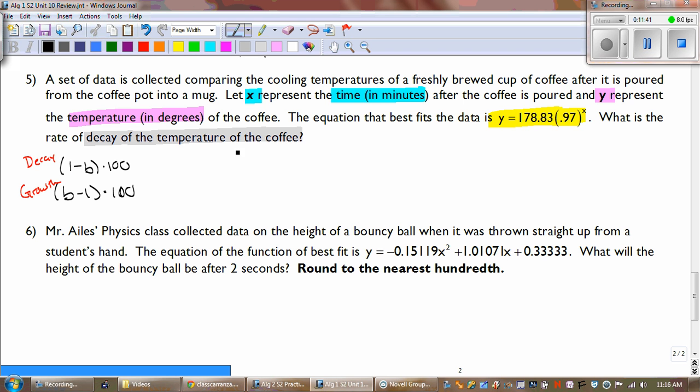So to find the rate of decay, 1 minus the b, which is 0.97, and we're going to times that by 100. Okay, if we're doing this step by step, 1 minus 0.97, if you have $1 and you take 97 cents away, you have 0.03 times 100, and 0.03 times 100 would be 3. And they're talking about 3% is the rate of decay.